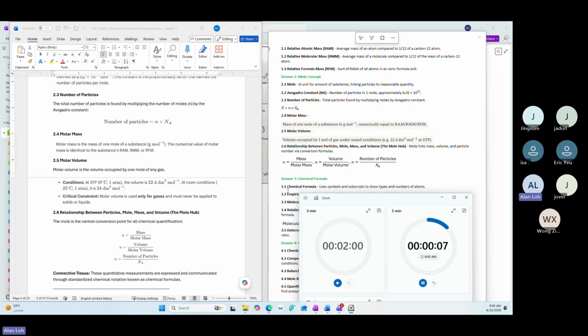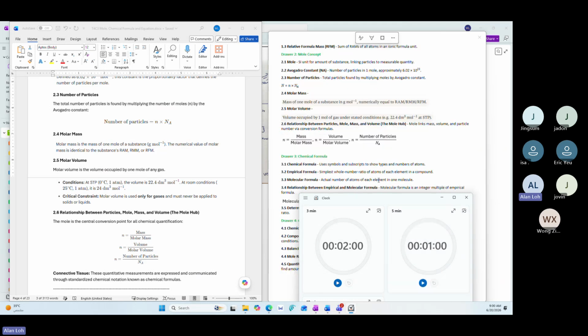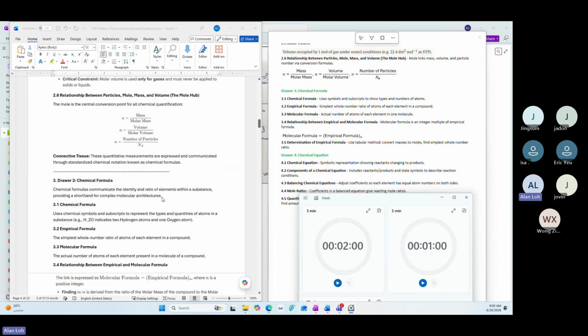Five more seconds. Right, let's go to drawer 3. Let's move on to drawer 3.